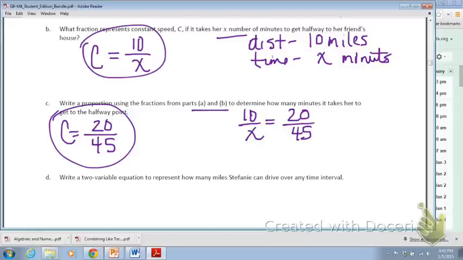So I can jump straight to that. X is equal to 22.5, because it has to be half of 45 in order for these to be equivalent fractions here.